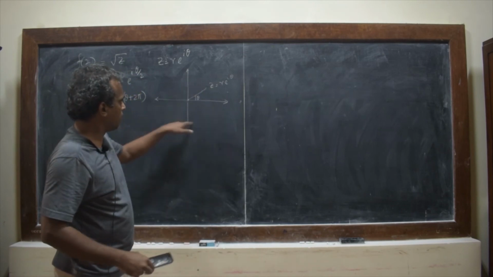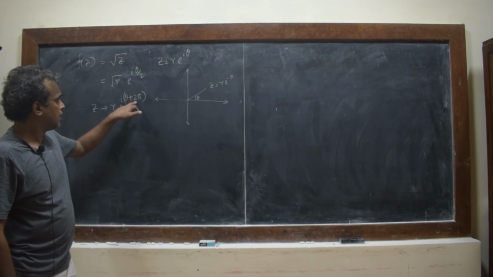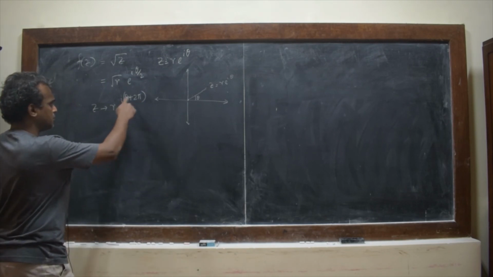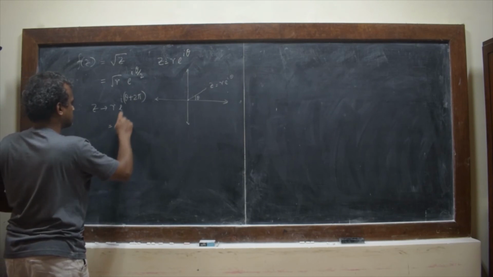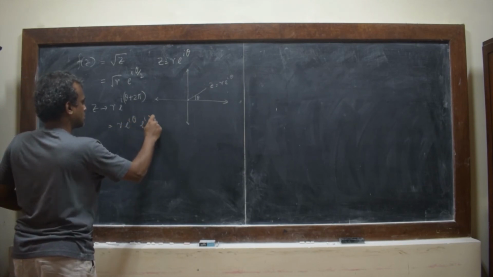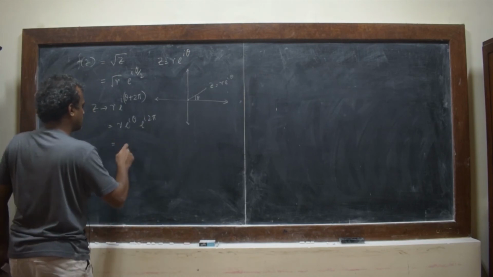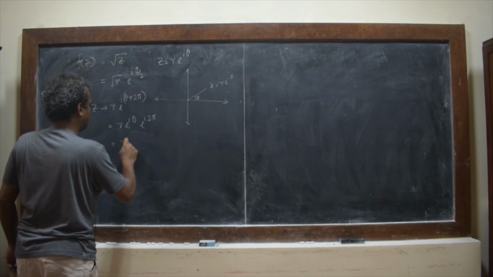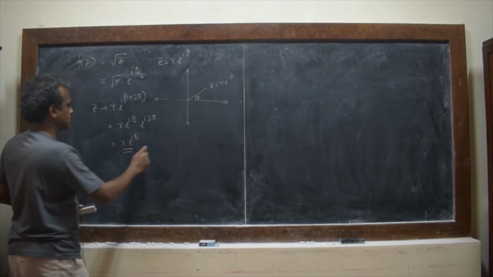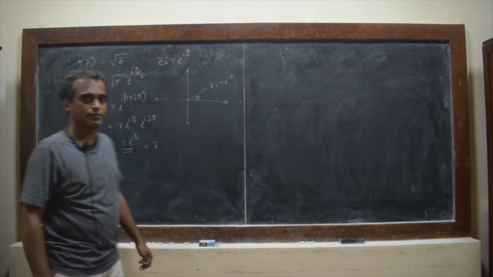When I go around the point, the angle increases by an additional 360 degrees. However, since e to the I 2 pi is 1, we get back r e to the I theta, which is our original point z itself.